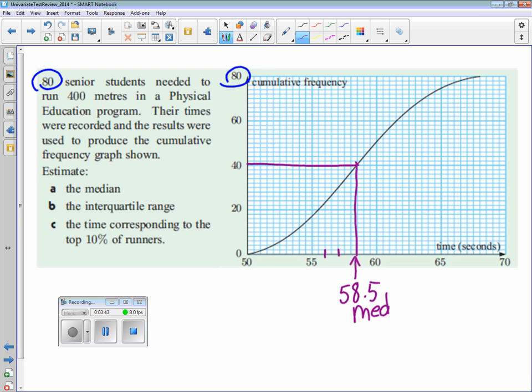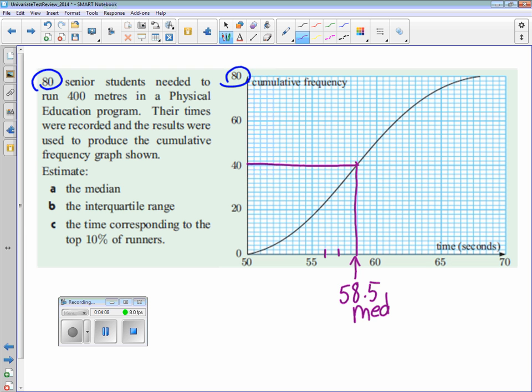All right, how about the interquartile range? So I'm looking for Q3 and Q1. If the left-hand side was a percent, wouldn't those correspond to 25 and 75%? So we need to find 25 and 75% of 80. 20 and 60. Good, so 20 and 60. But sometimes these are easy numbers, right?